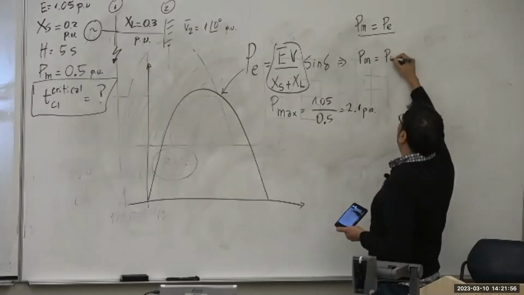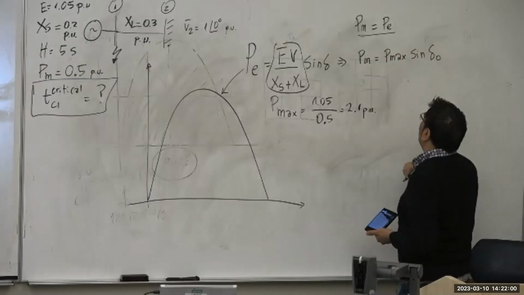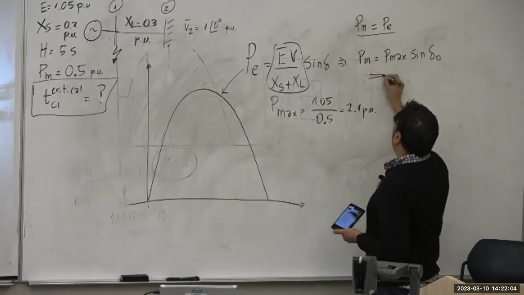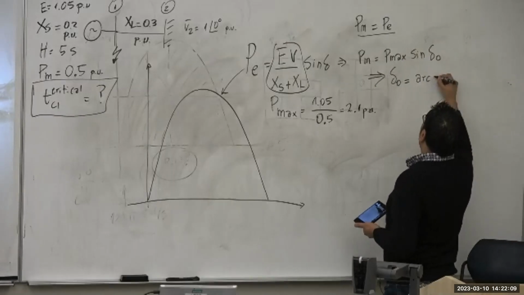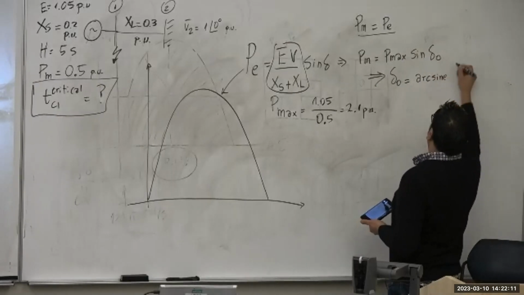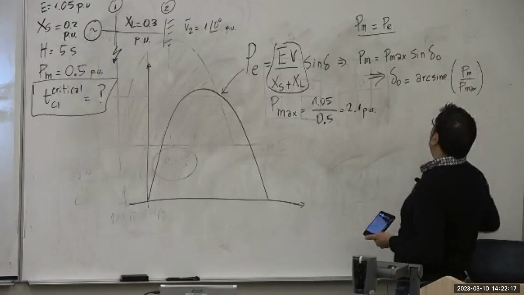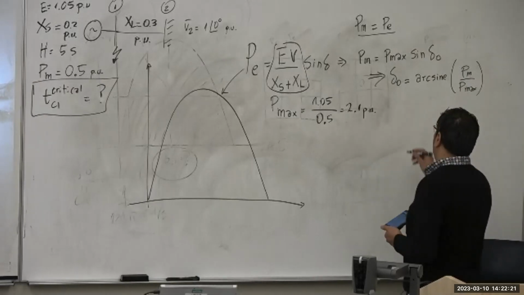By assuming this mechanical power is equal to the electrical power, then we have PM equal to P max sine of delta 0. We are at the equilibrium point. And therefore, from here, delta 0 should be arc sine of PM over P max. So PM is 0.5 and P max is 2.1.